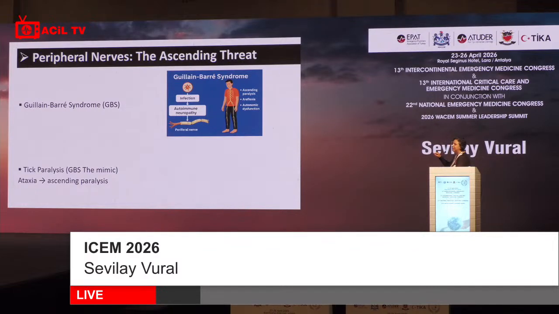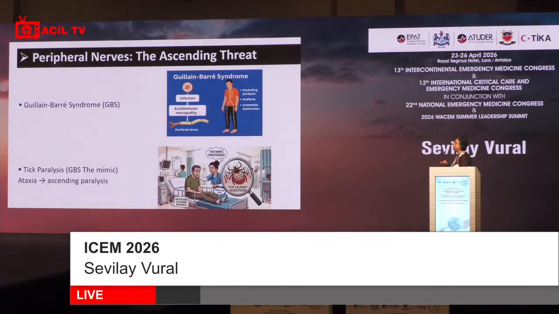But there is an important point in here, because there is a mimic for Guillain-Barré syndrome. It's called tick paralysis. We are not very familiar with tick paralysis in Turkey, because we do not have this specific tick type in our country. But I think it's generally seen on the American continent.